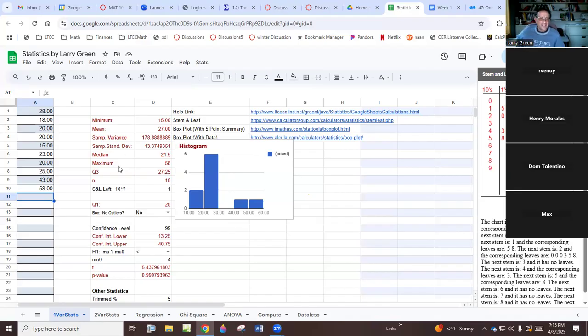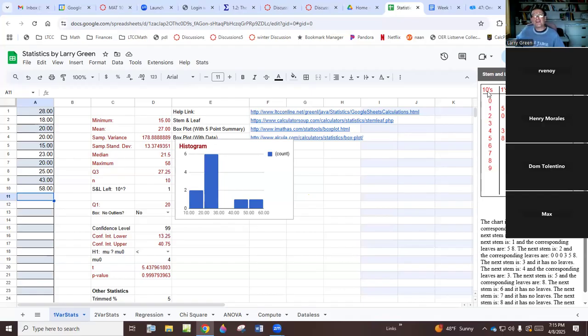On the histogram, we can see there's 6 people between 20 and 30 years old. But from the histogram, you cannot tell me how many people are 25 years old or how many people are 27 years old. All you know is how many are between 20 and 30.